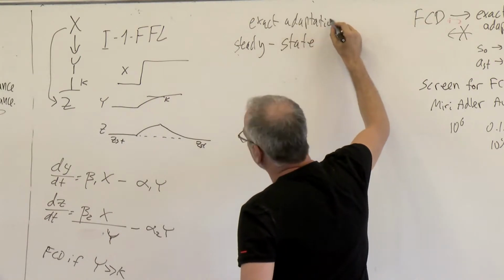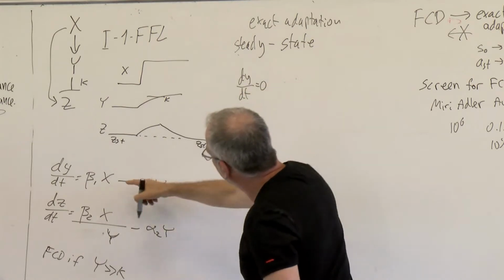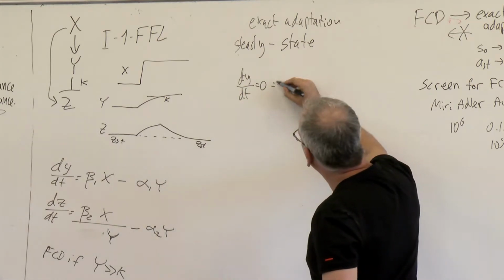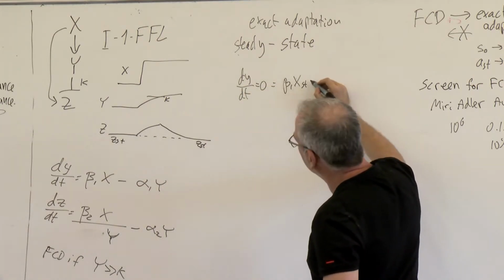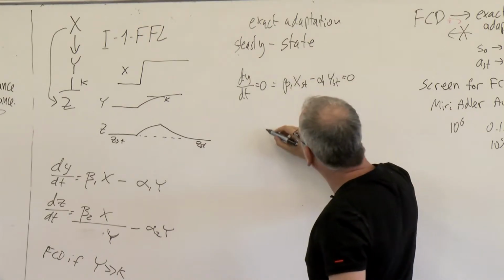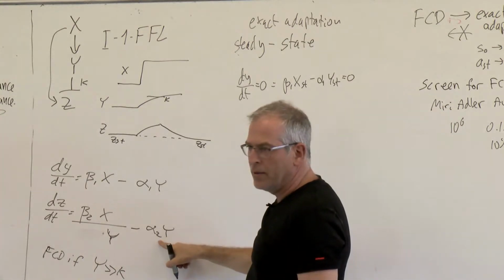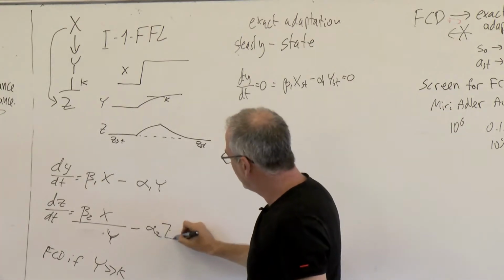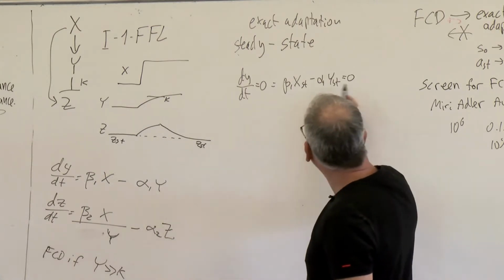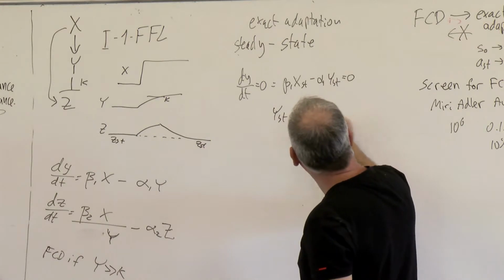So if we start for the steady state, dy/dt equals 0. So that means that beta 1 x steady state minus alpha 1 y steady state equals 0. Supposed to be alpha 2 z, right? Alpha 2 times z. Yeah, thanks. Correct. Sorry about that. Then the solution here is that y steady state is beta 1 x steady state divided by alpha 1.